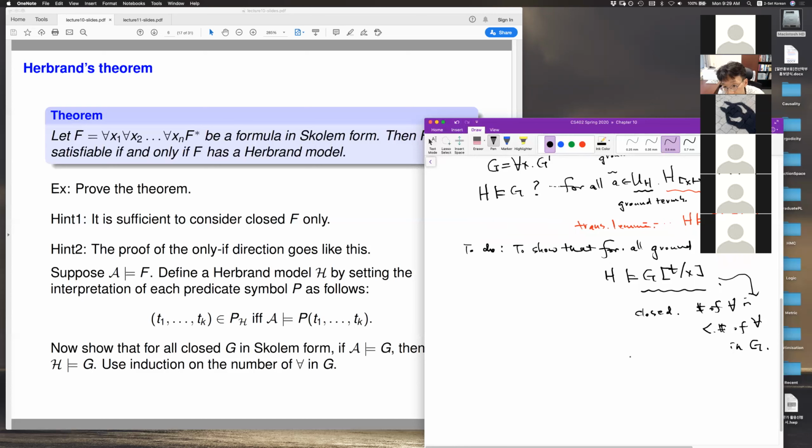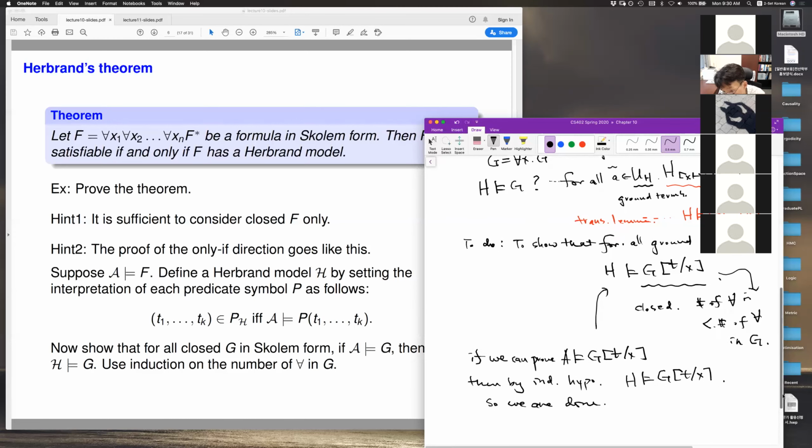The induction hypothesis says H is going to satisfy this formula if we can show that the A we started with satisfies it. So if we can prove this, then by induction hypothesis, H will satisfy G prime of T, and so we are done.